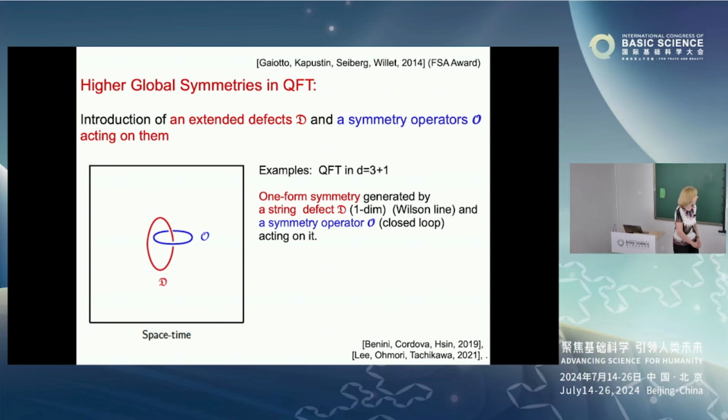So the way we typically address higher form symmetries in quantum field theory, I may need a pointer. Yeah.